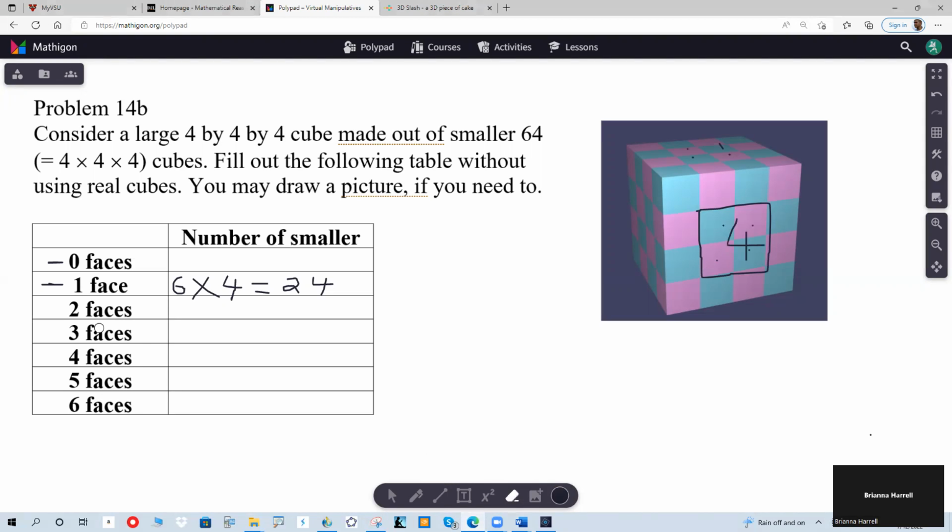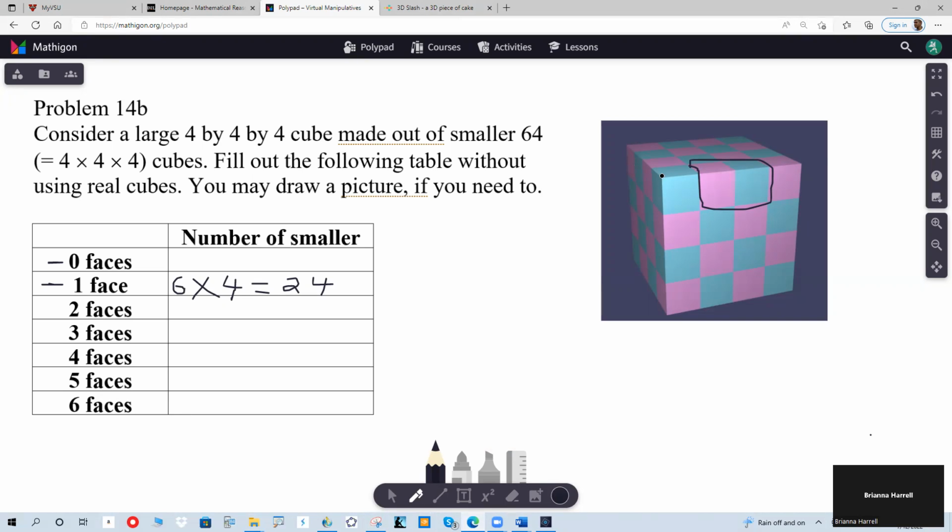I'm going to erase this. I'm going to work on 2 faces. I'll do 0 faces last. Again, 2 faces. These 2 cubes here are showing 2 faces. Where are they located? They're located in the middle of each edge. How many edges does this big block of 64 cubes have?